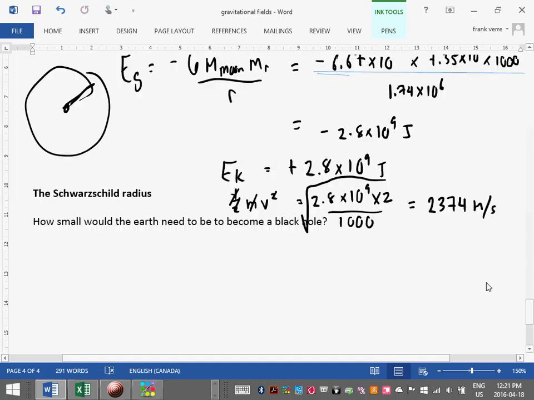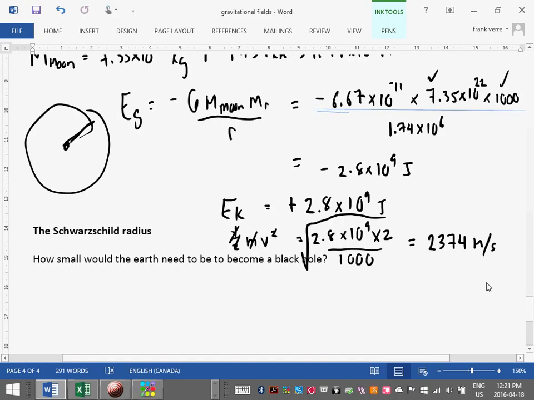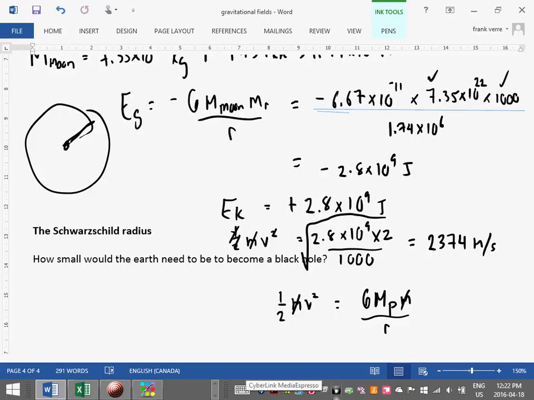Now, we did some extra steps. This is the first time we're looking at it. But basically, 1/2 mv squared is going to equal G, the mass of the moon or planet, times the mass of the object, over R. You'll notice that the mass of the object cancels out, and we can get rid of the half.